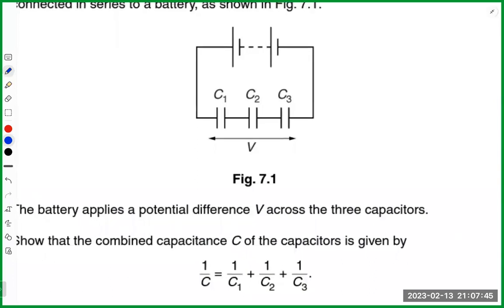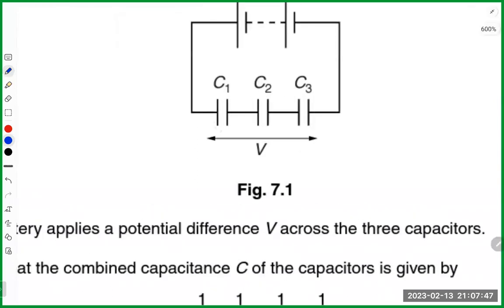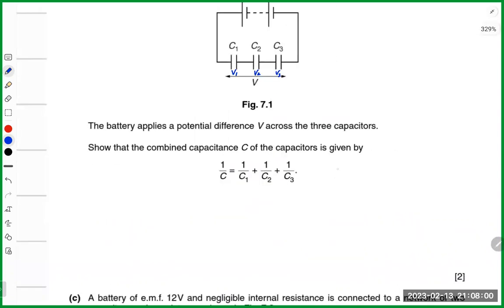But if it comes in exam, you should know that because these three capacitors are connected in series, they will be sharing the potential difference across them. So C1 has V1, C2 has V2, C3 has V3. One thing that you can say for sure is V equals V1 plus V2 plus V3.